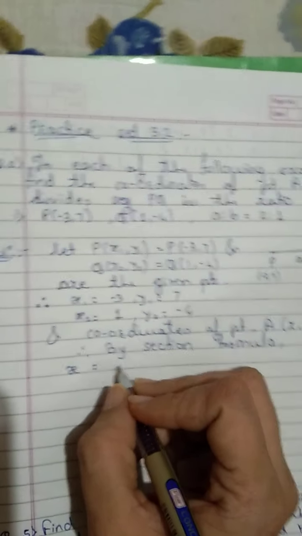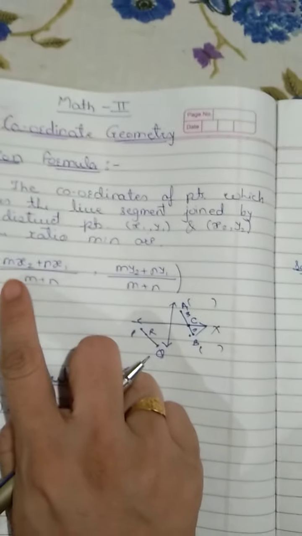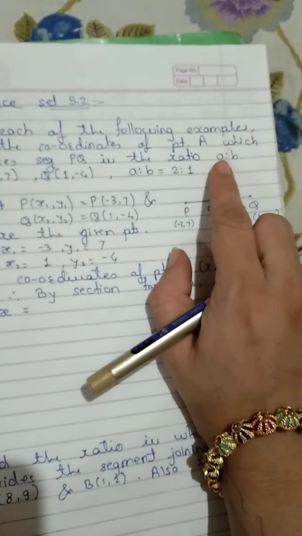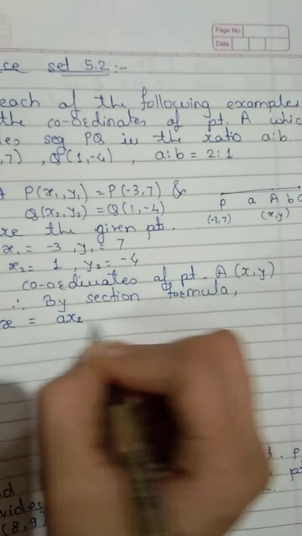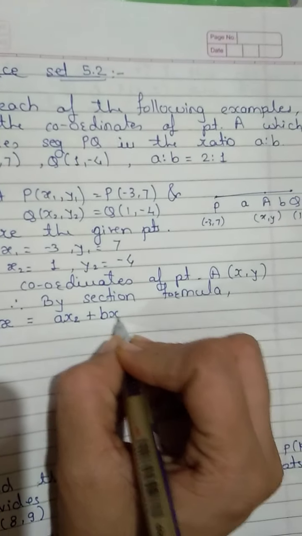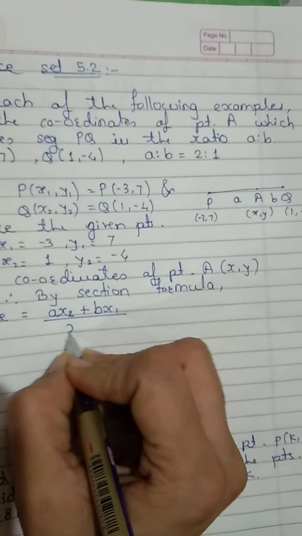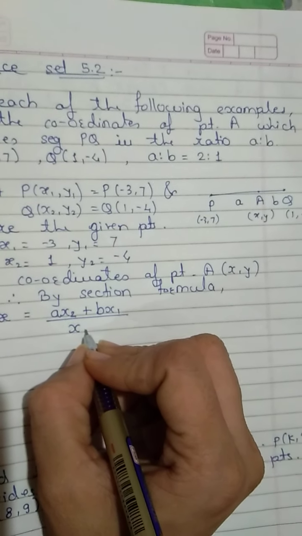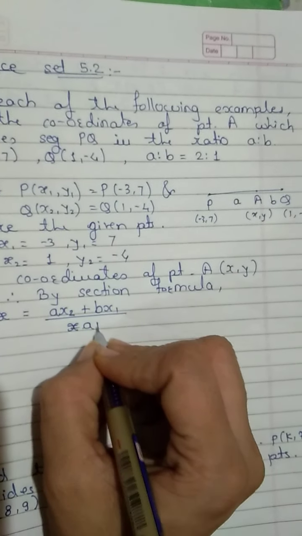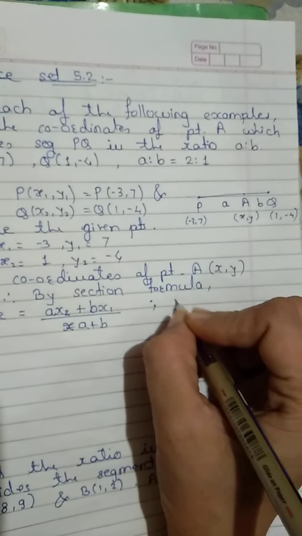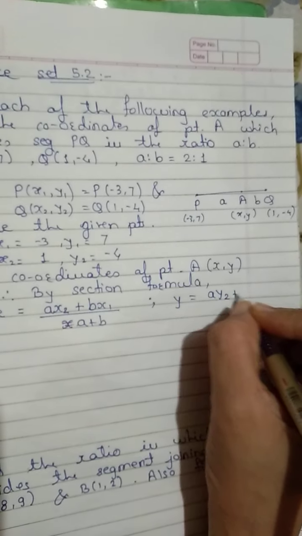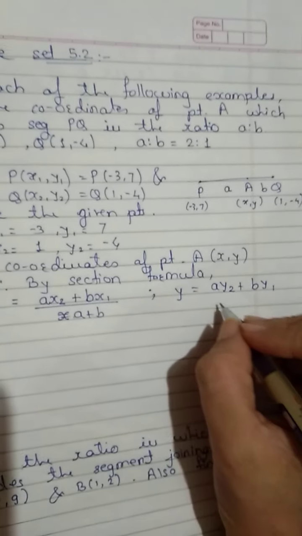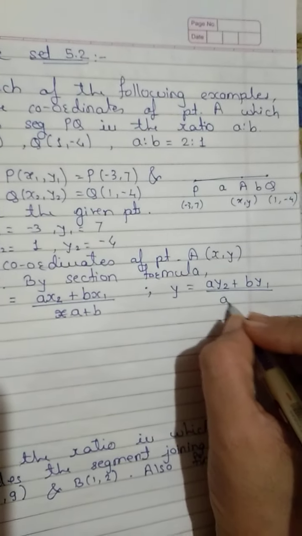x is equal to, now here we have taken m and n, but the ratio which is given to us is a and b. So x is equal to (a x2 + b x1) divided by (a + b), and for y it is (a y2 + b y1) divided by (a + b).